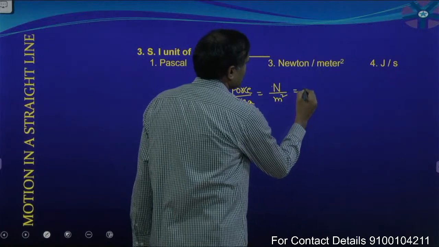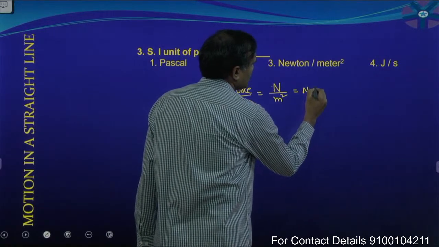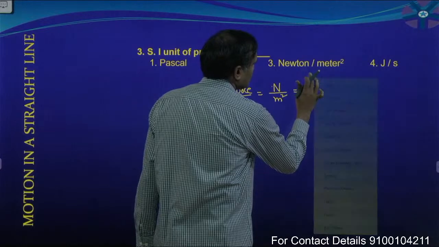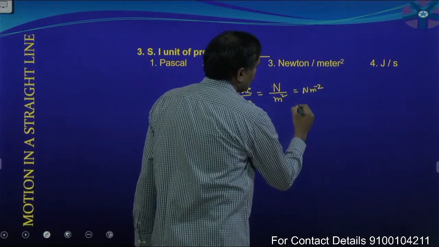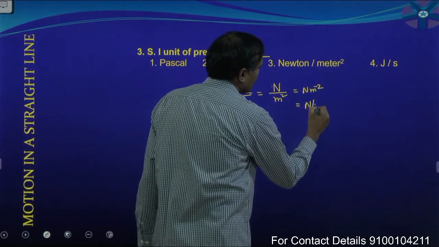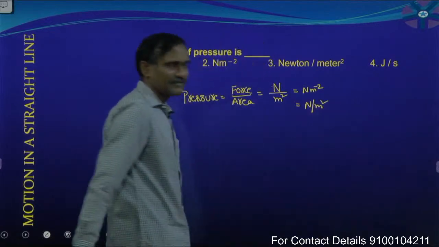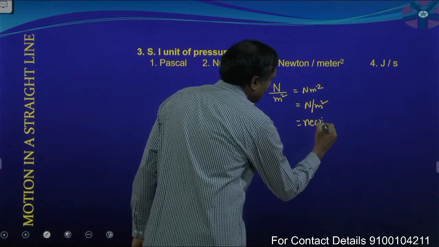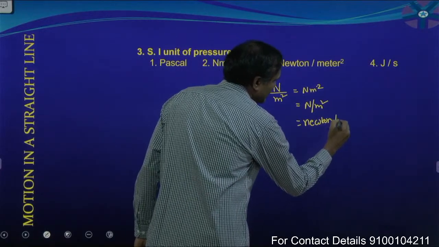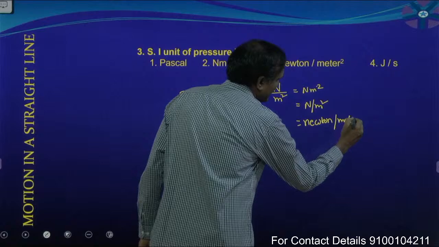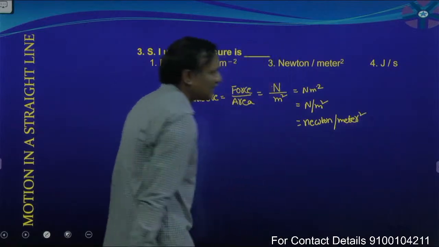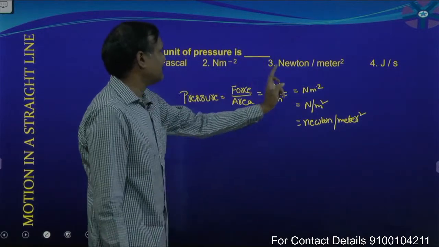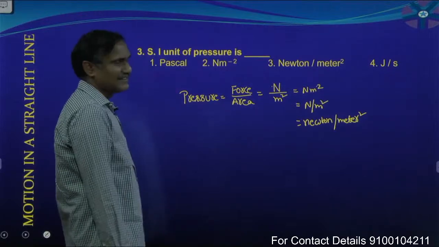So, it becomes Newton meter power minus 2 or Newton per meter square, or it can be written in the full form as Newton per meter square. Now, observe these options, which is the correct one?